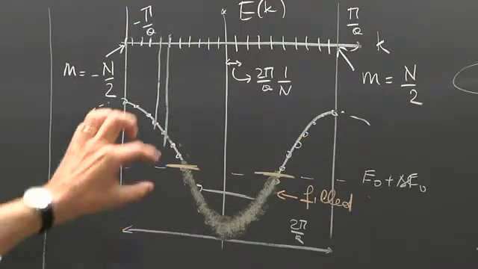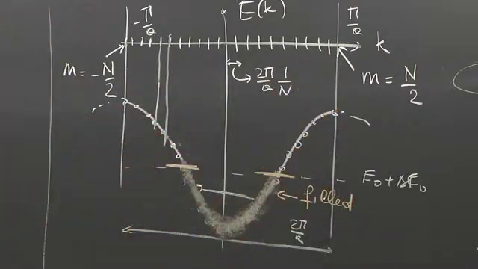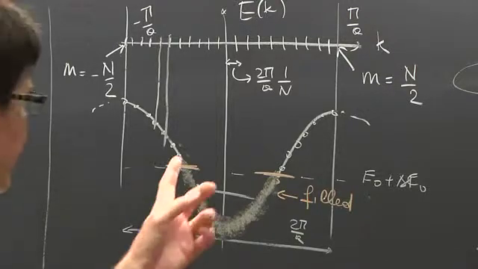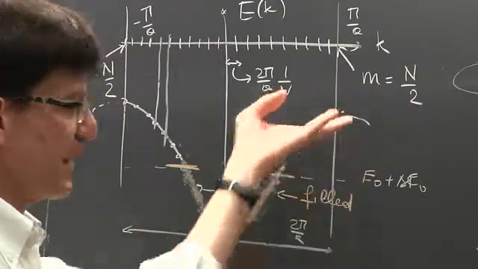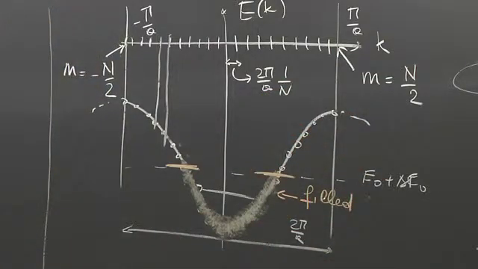You're just making this grid an extremely fine one, to the point that it becomes a continuum of points, but the fact that all these states are filled up to halfway and all the other ones are empty remains true for an arbitrary n, and therefore also for n going to infinity. Okay?